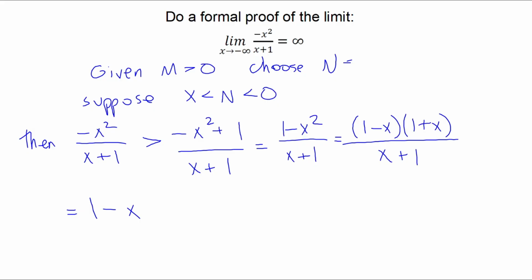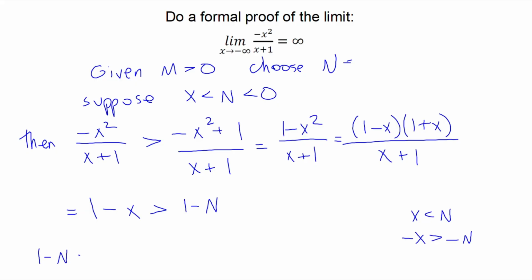And if we have just 1 minus x, we know that x is less than n. So negative x is greater than negative n, so 1 minus x must be greater than 1 minus n. And that's basically it. 1 minus n should be the end of this.